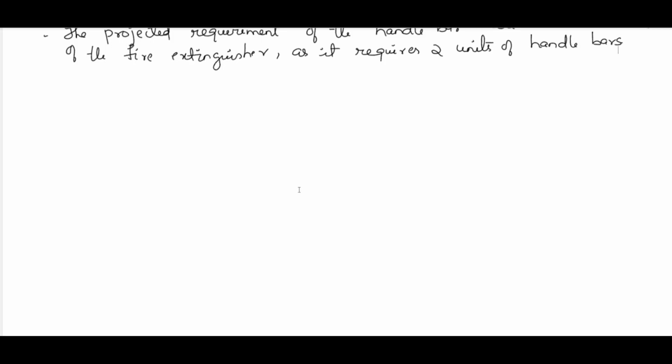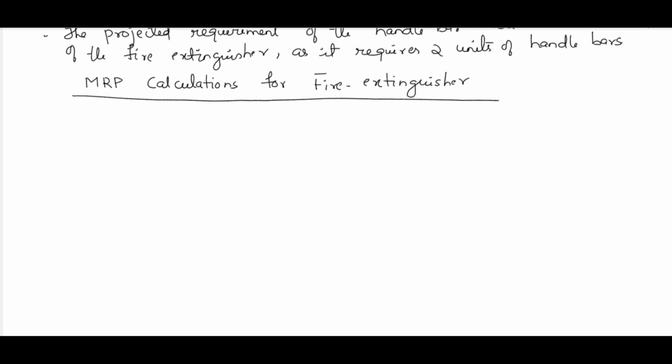So first we will do the MRP calculations. MRP means materials requirement planning. So we have to make tables.